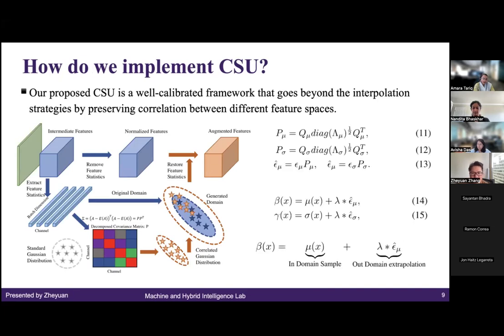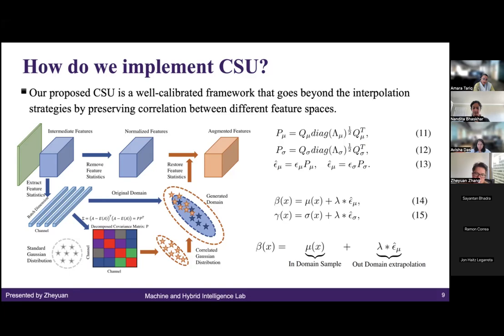The work is conducted like this. From the intermediate level features, we can extract the feature statistics. From these feature statistics, we can calculate the covariance matrix of the feature distribution.